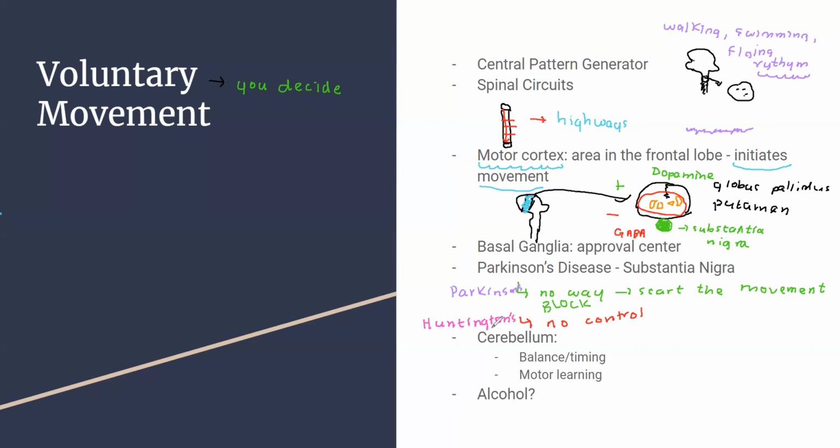Huntington's disease is actually one of my favorite diseases to learn about because it degenerates the GABA neurons, right? And the reason this happens is because of a mutation in the CAG nucleotide, oops, not GAC, CAG nucleotide.